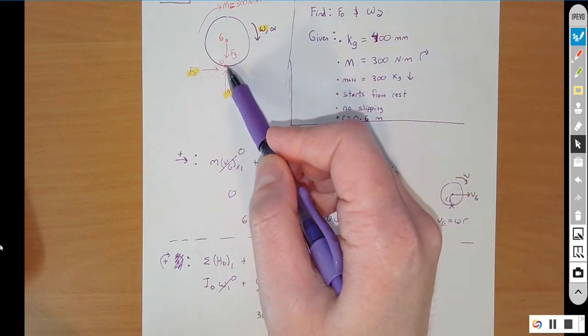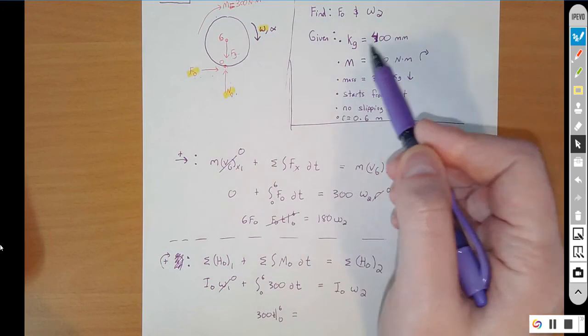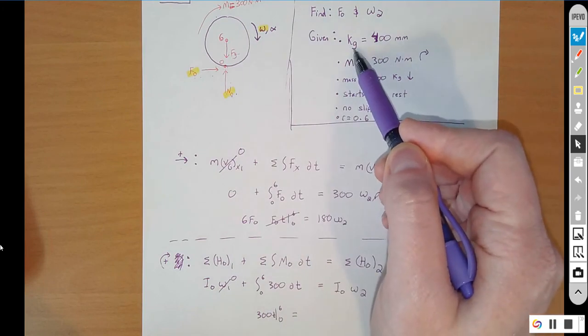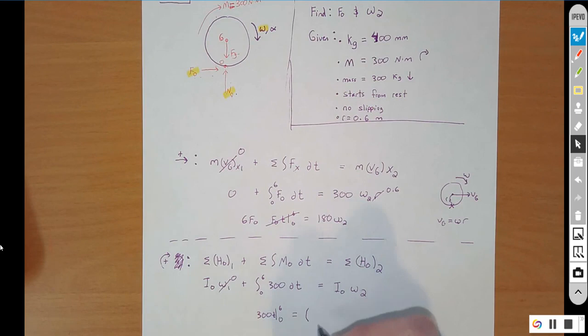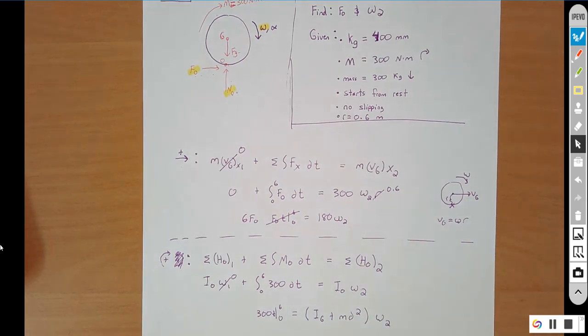So O is our point down here, G is our point up here. The radius of gyration they gave us was about the center of gravity. All right, so we can rewrite I naught as I G plus mass times distance squared, and then omega 2, which is what I want to find.